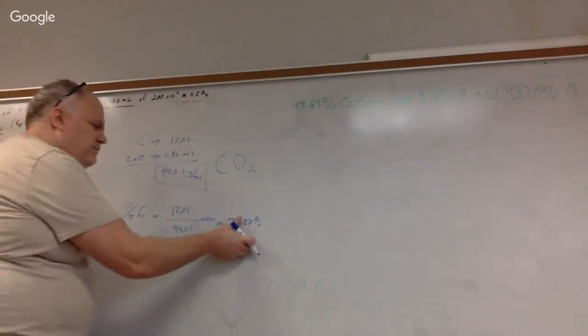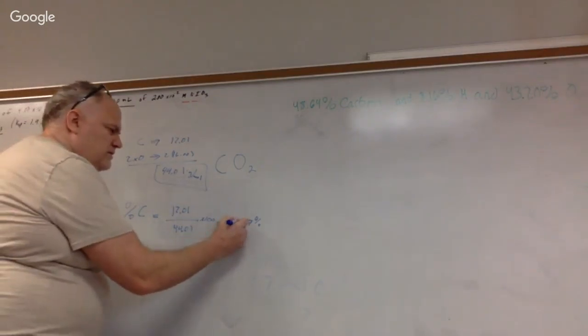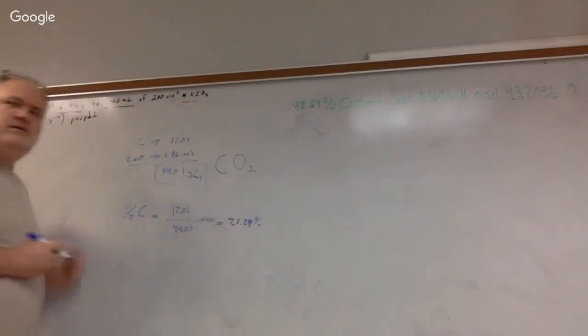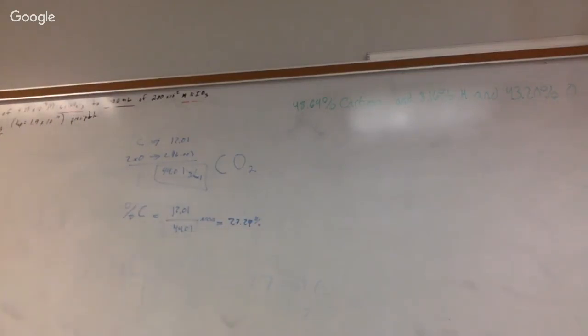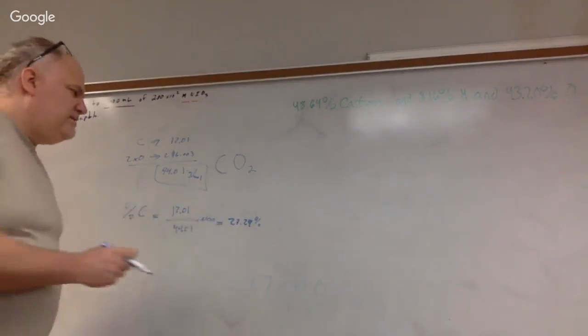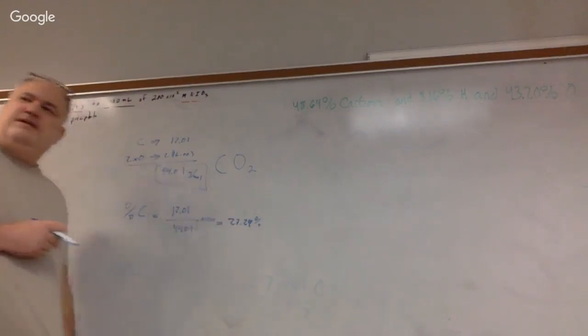How about everyone? How about that being the new game? Everyone punch that in. 12.01 divided by 44.01. 0.272893. Okay, so 27.29%.